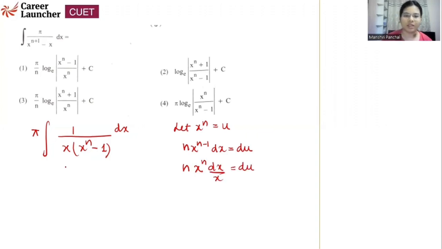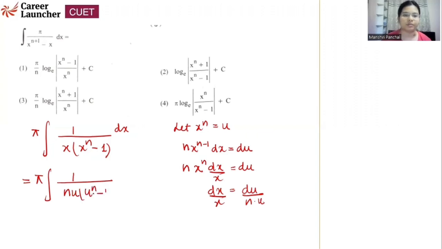Then dx upon x will become du upon n into u, because this is u. So my function will become pi 1 upon u raised to the power n minus u minus 1 into du. Now we'll take n also out.